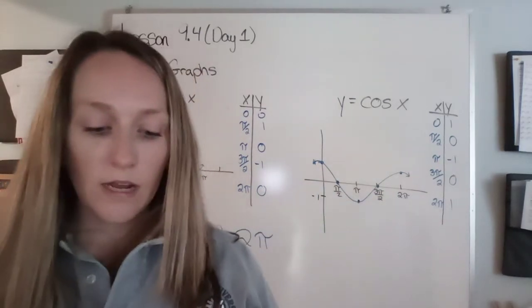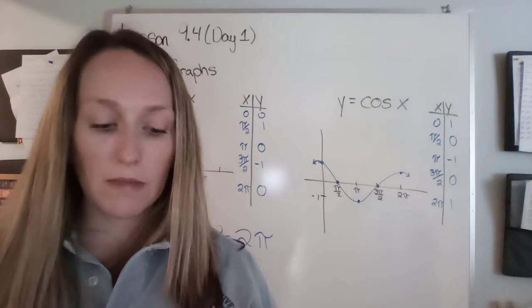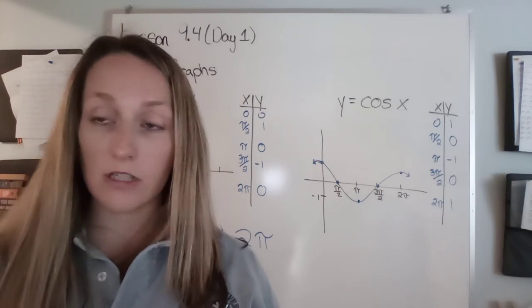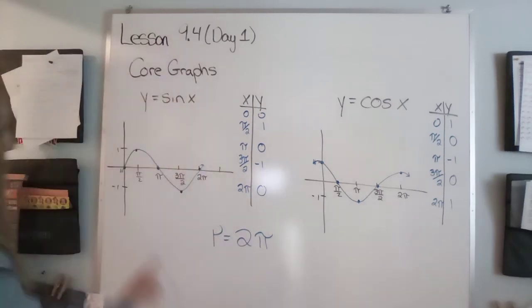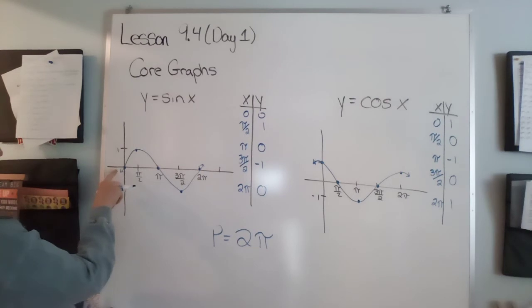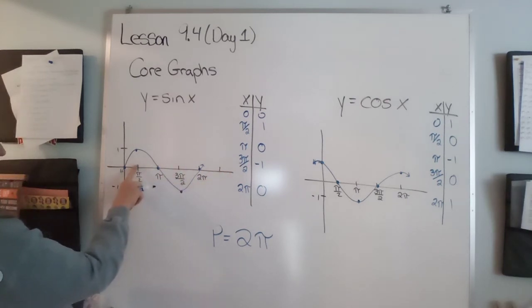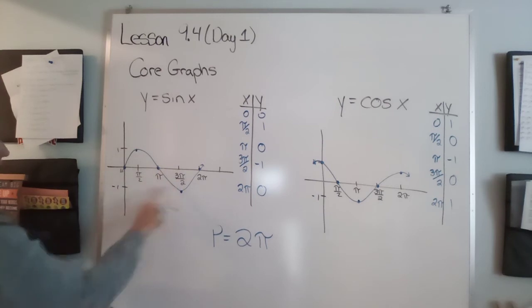The amplitude is the number of spaces above and below the midline. The midline runs through the middle of the graph, okay? So here, this x-axis runs through the middle of the graph, so this is your midline.